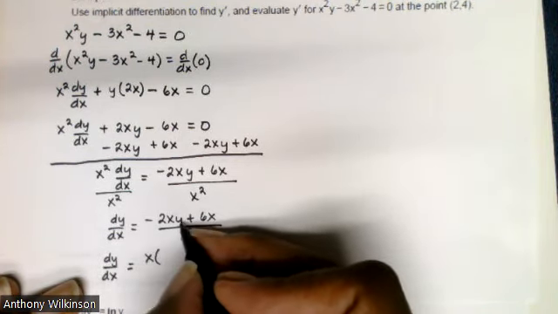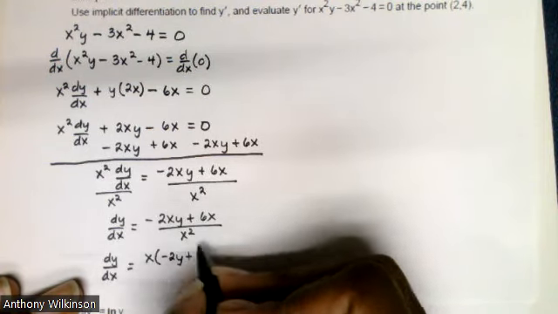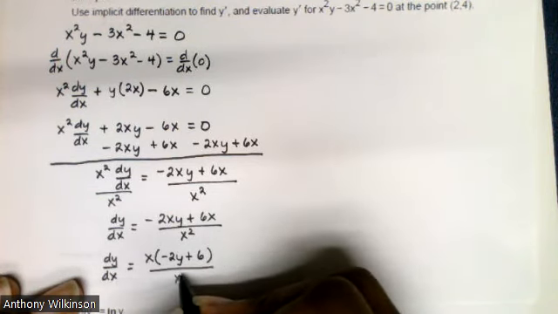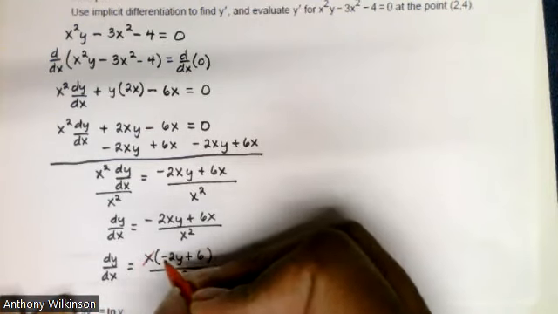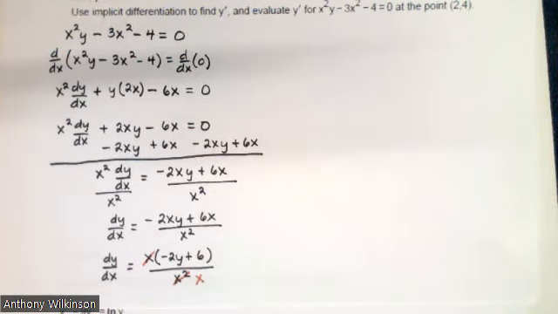When I do that, negative 2xy divided by x will be negative 2y, plus 6x divided by x will just be 6. All that will be over x squared. And in this case, I can divide out an x in the numerator and an x in the denominator with my x squared, because x squared has x in it.